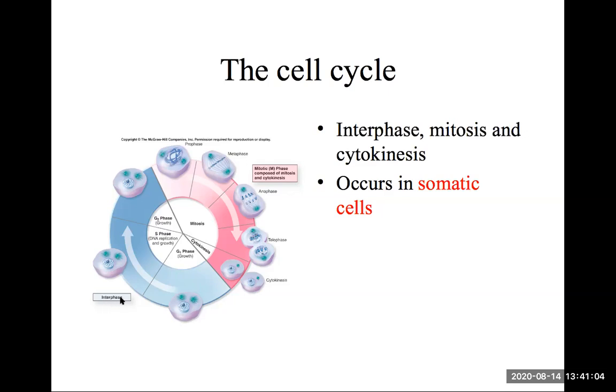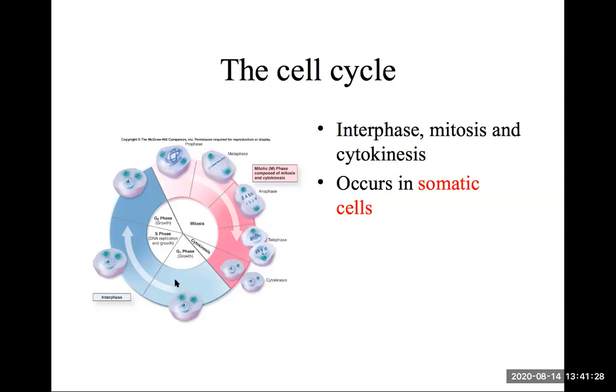All right, and during interphase, a cell is preparing for mitosis, for cell division. But that said, not every single cell is going to undergo mitosis. Some cells will enter interphase and never leave. They are never going to divide at all. Other cells move very quickly through interphase in order to divide.